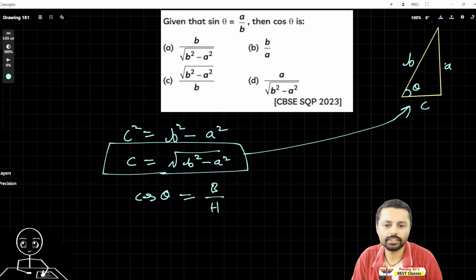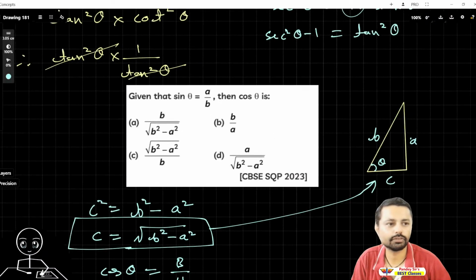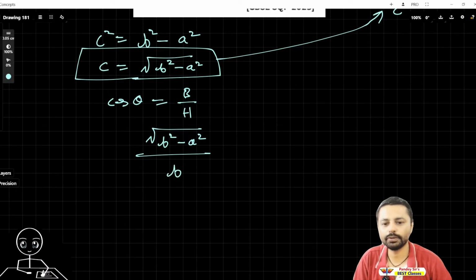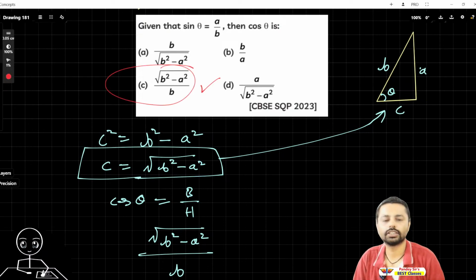So we get base as under root B square minus A square, whole by our hypotenuse, which was B. Is there any option like this? Yes, option C is there. So this is the correct one.